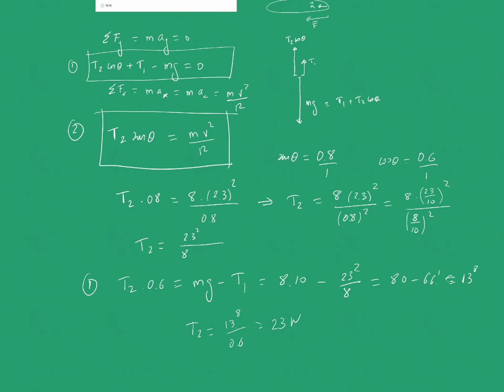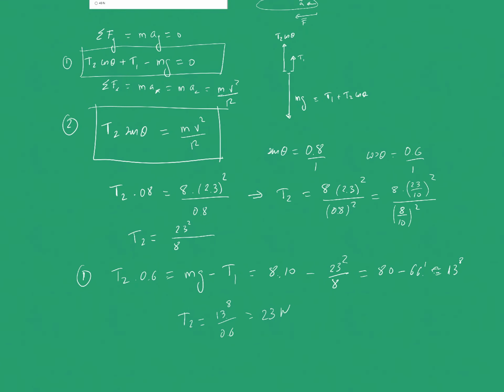Okay, let's go find T2. So for T2, sine of theta is 0.8. We don't have to find theta because we need sine of theta, so we don't have to use the calculator. It is mass 8, velocity squared, 2.3 squared, divided by the radius. Now the radius of rotation is not 1.